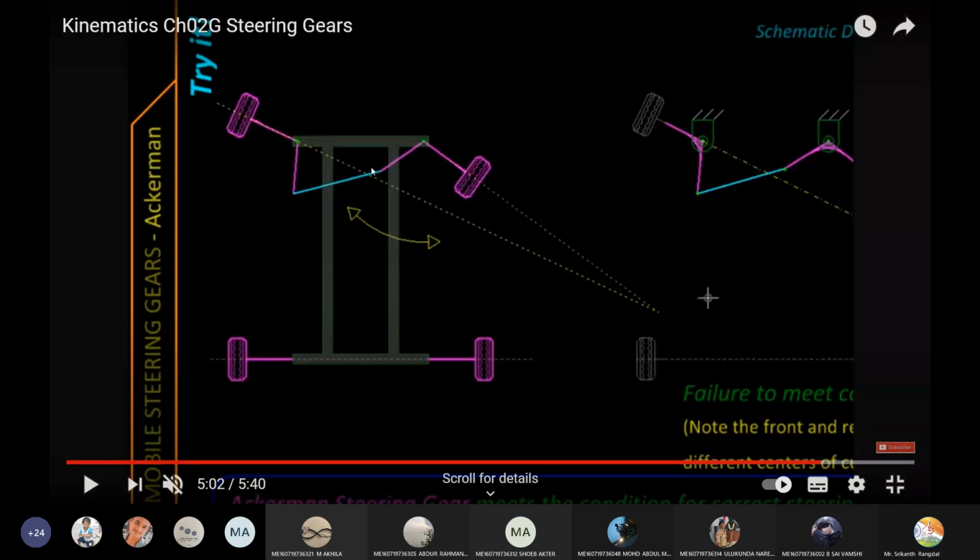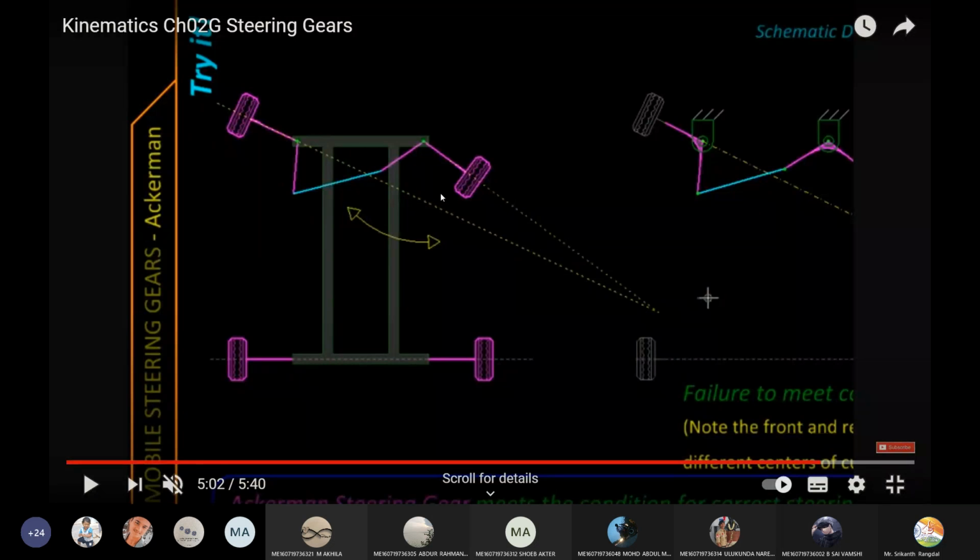Because the intersection point of the front two axes will not be on the axis of the rear wheels, and this means there will be some amount of skidding possible here. While designing the mechanisms, we have to ensure that the skidding is as low as possible.